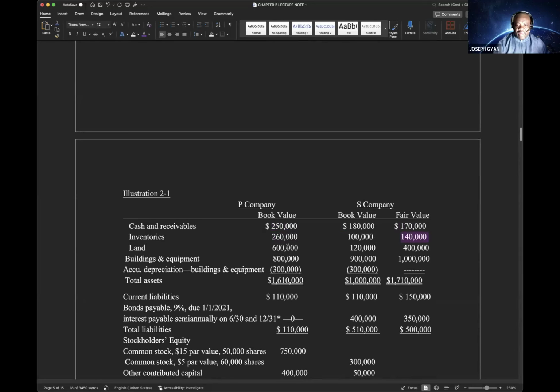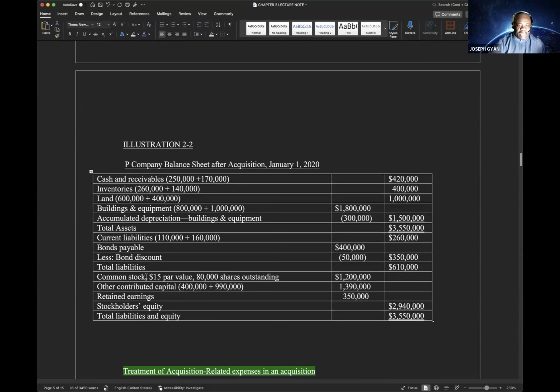Land 600 plus the 400. Building 800 plus the 1 million, less the accumulated depreciation as well. So that gives us the total asset here.